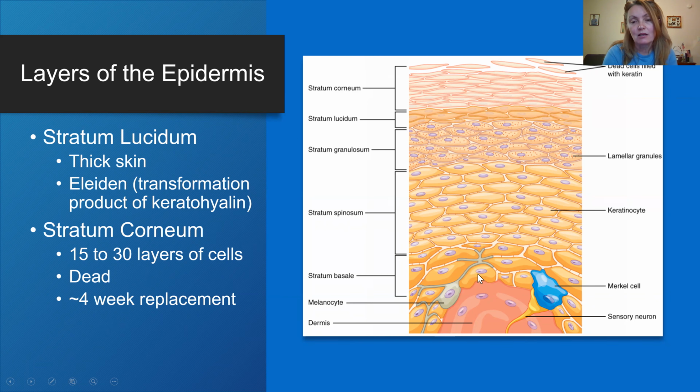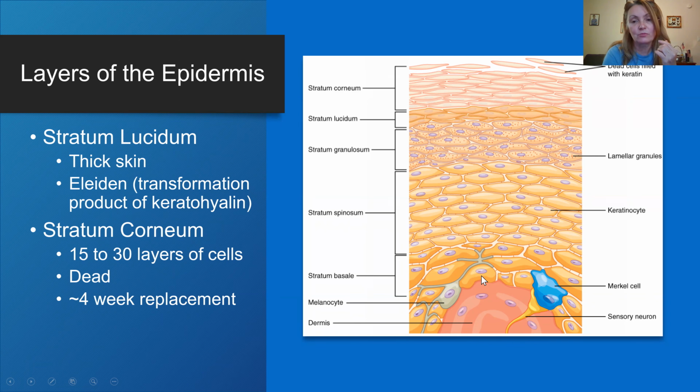So that means if I have a cell over here in the stratum basale, this cell will be pushed up, right? And it starts accumulating keratin, pre-keratin, keratohyalin, and then all organelles degrade, the nucleus degrades, cells are dying.